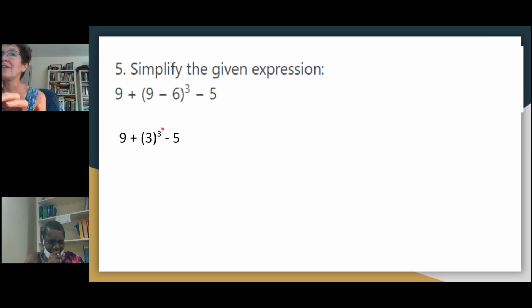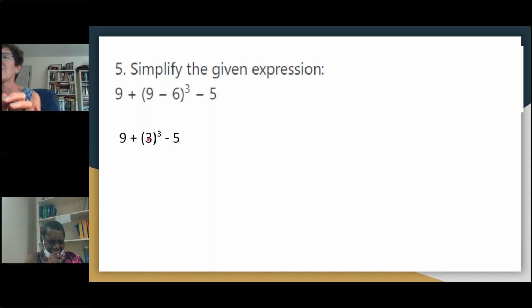This little 3 up here is called an exponent or a power. Sometimes people call them powers. This exponent up here tells you to multiply this number by itself this many times.